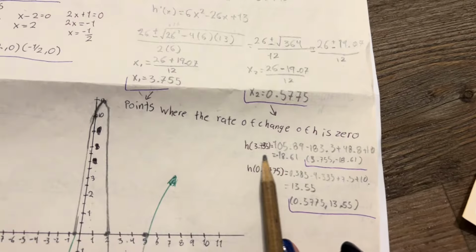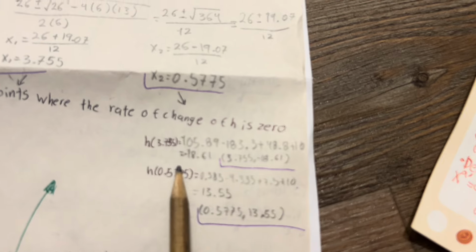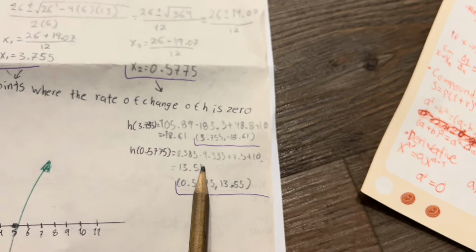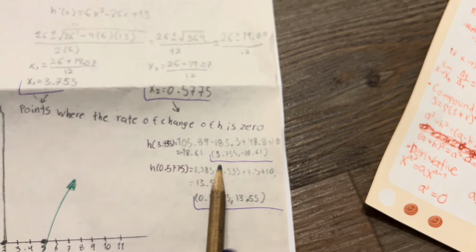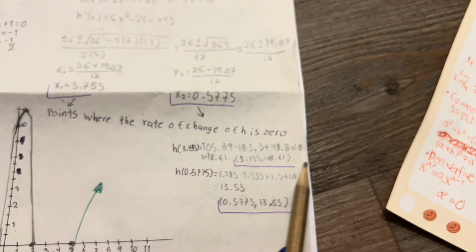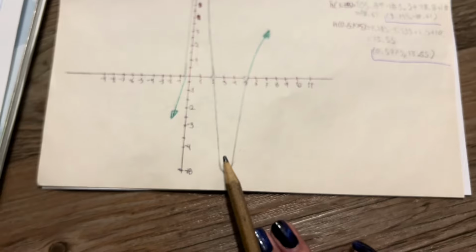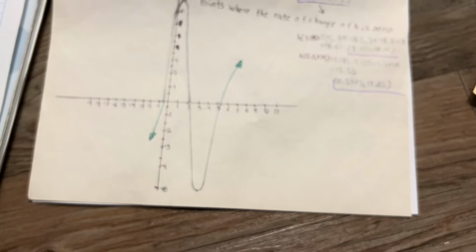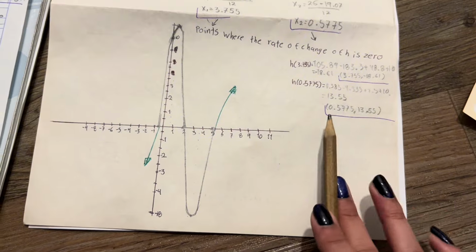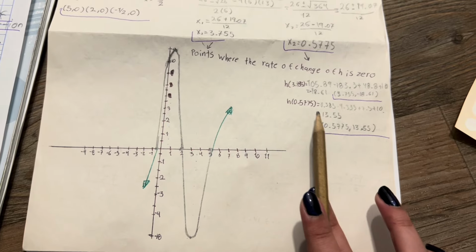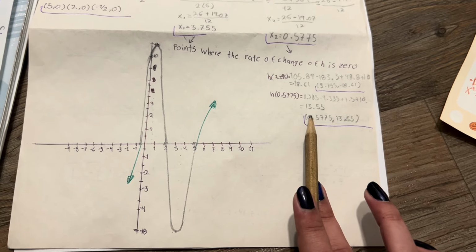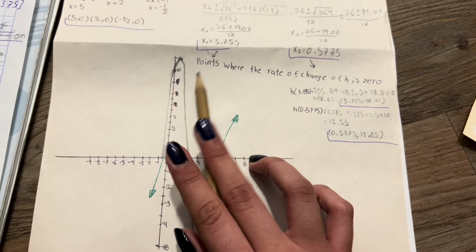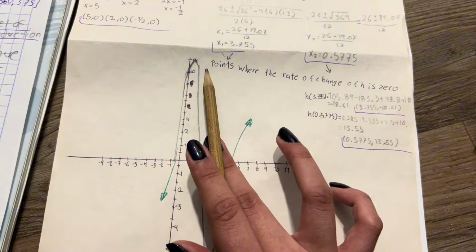For the first one, the value that we have for y is 18.61, and we have this coordinate that is approximately here. Now we substitute the second value, which gives us this number for y, and this is the coordinate approximately there.